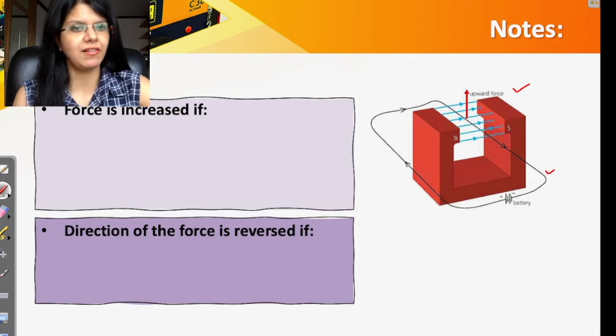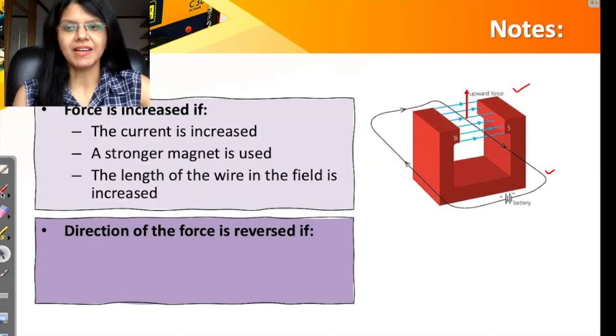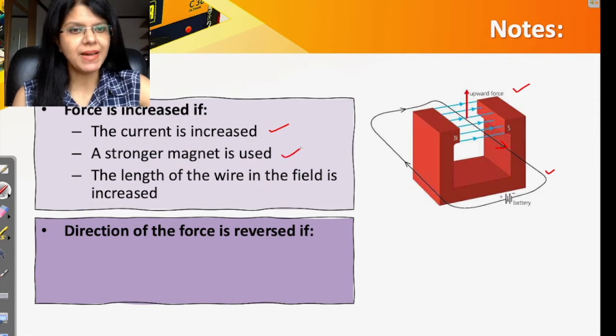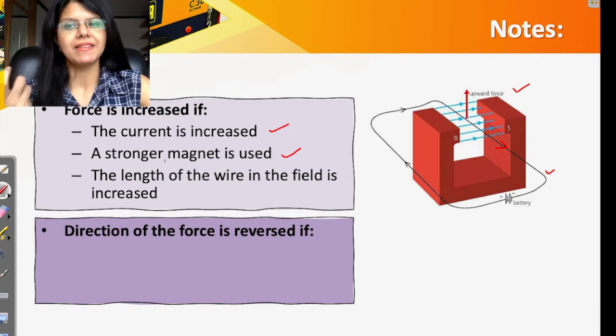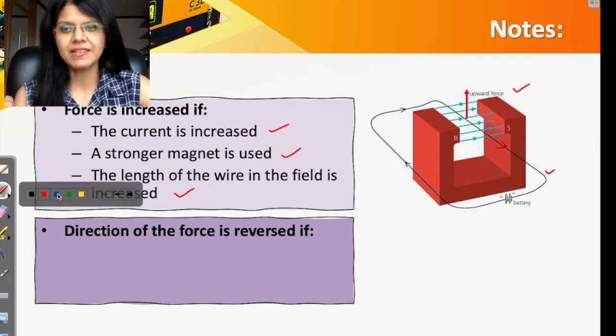Common sense and logic. If the current in the wire is increased, the force is high, right? If you're using stronger magnets, the force experienced is high. And the third way in which you can increase the force is by increasing the length of the wire in the field.